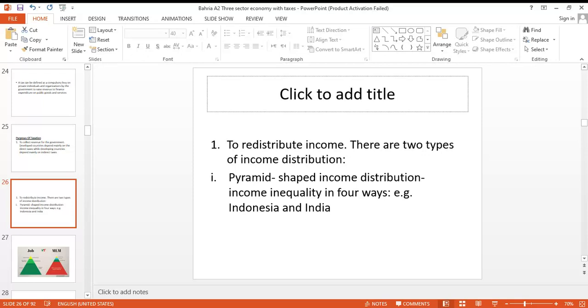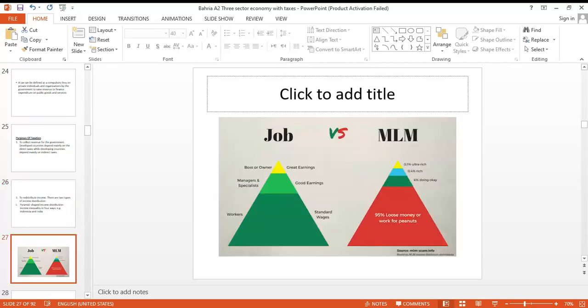All right. Another purpose of the tax is to bring about income redistribution, to take money from the rich and to circulate it among the poorer sections. So, in the underdeveloped countries or in the less developed countries, income distribution has more of a pyramid shape. What is a pyramid shape?